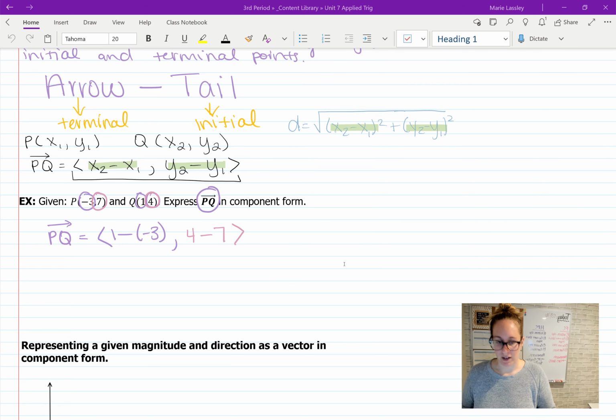And then we just simplify. So 1 minus -3 is 4. 4 minus 7 is -3. All right, so PQ in component form is 4, -3.